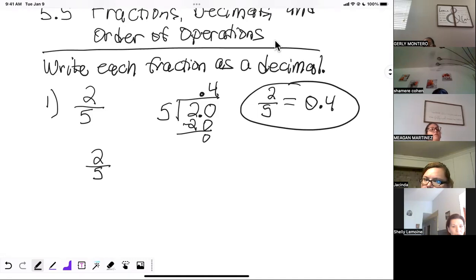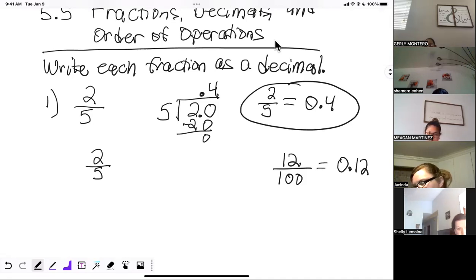If you have something over 100, let's say I had 12 over 100, that is 0.12 because you're moving a decimal place. That's what we did, right? We move the decimal place 2 places to the left. I have 2 zeros, right? Makes it smaller. If I have 5 over 100, I'm also going to move that decimal place 2 places to the left, and my decimal would be 0.15.